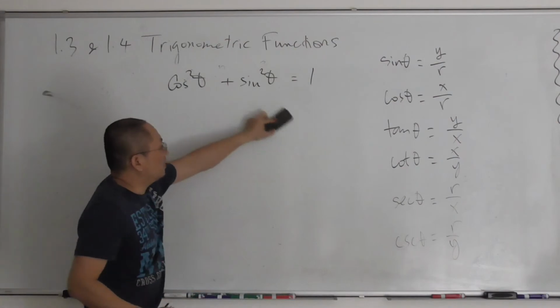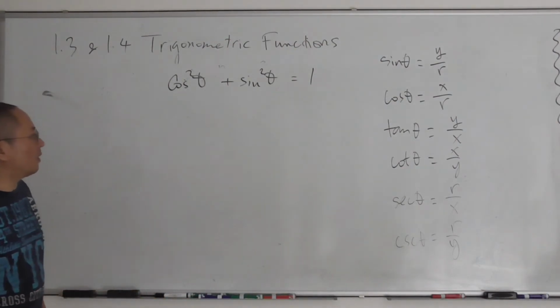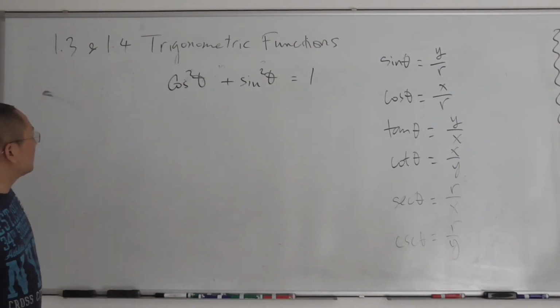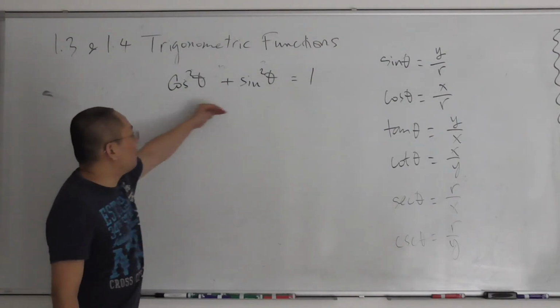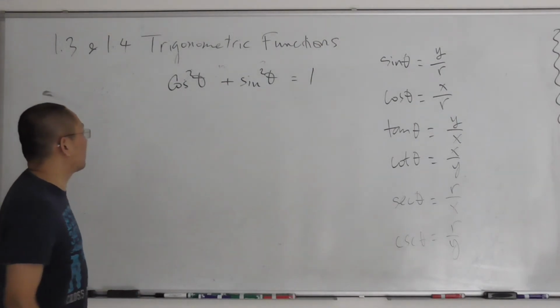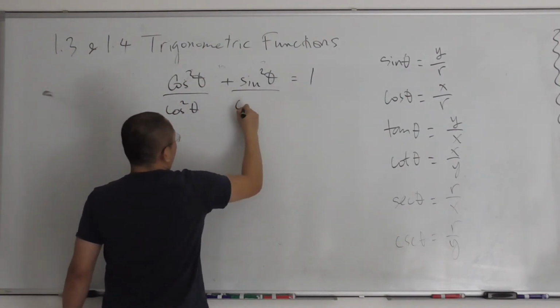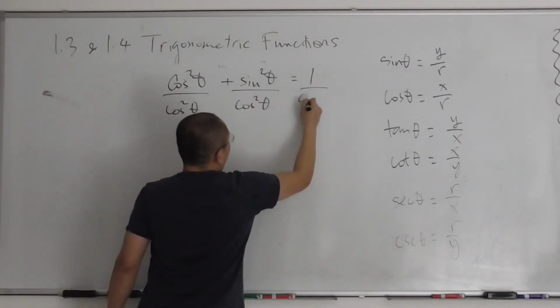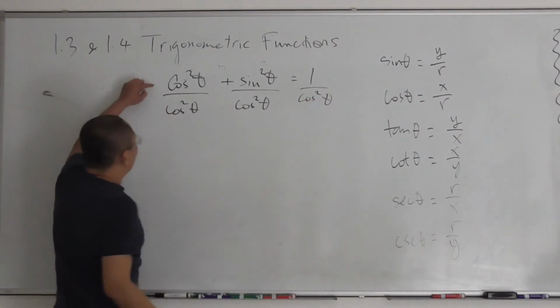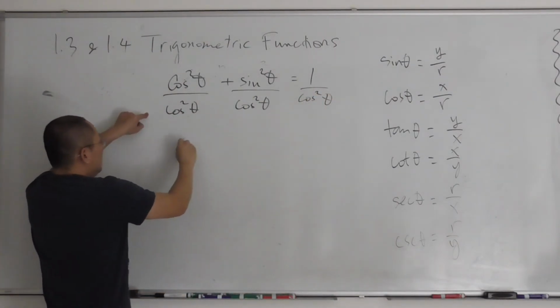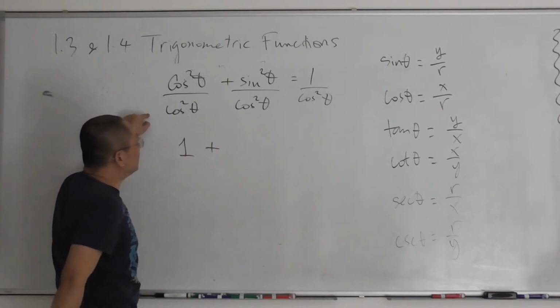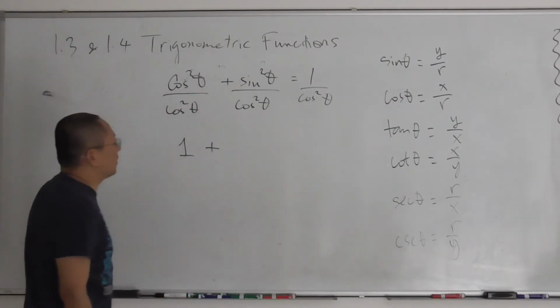I'm going to help you derive more trig identities using this one. Now, what if I divide both sides by cosine squared? Cosine squared divided by cosine squared is 1. And what about sine squared divided by cosine squared?